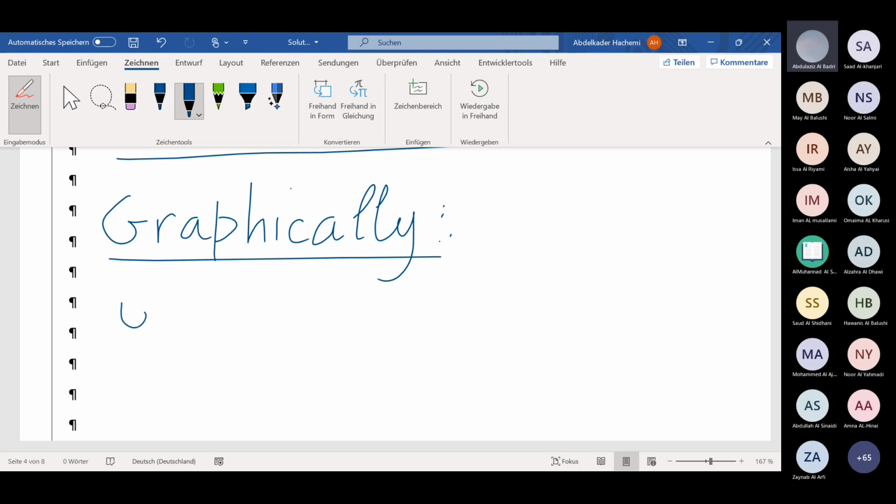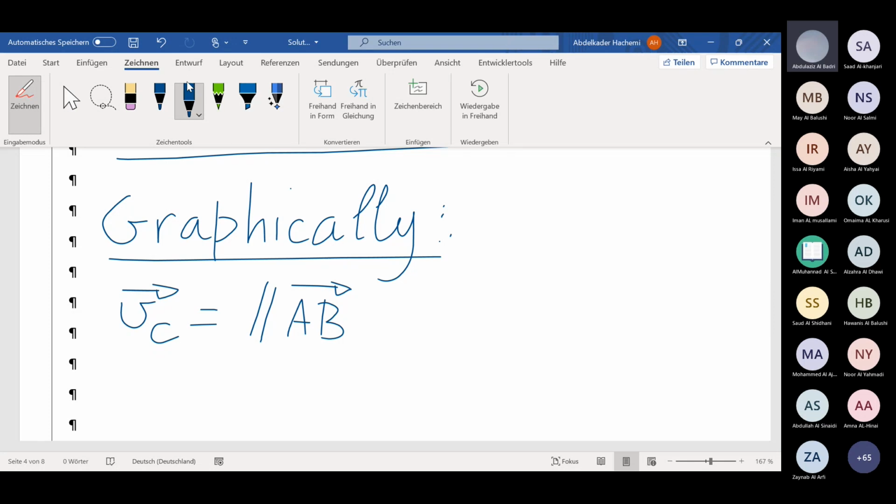What we have is VC, the velocity at the point C, which is parallel to the position vector, let's say AB.